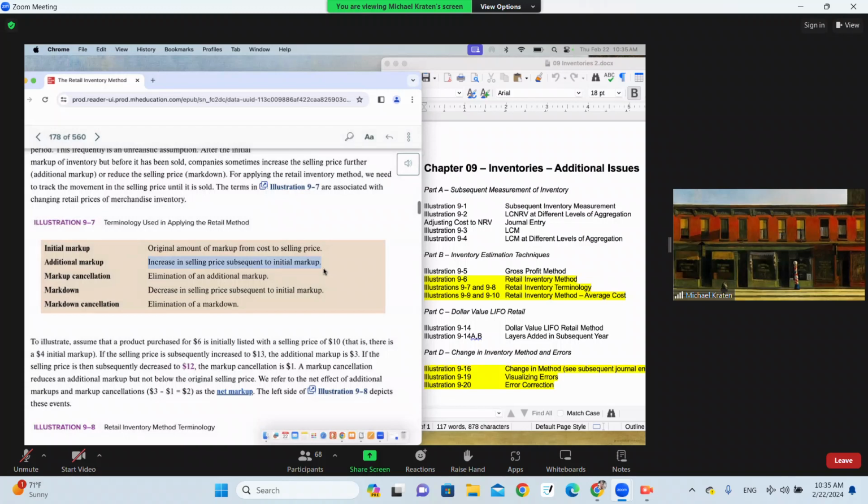What if you then increase the selling price the next day from 10 to 12? Then you have an additional markup of 2.